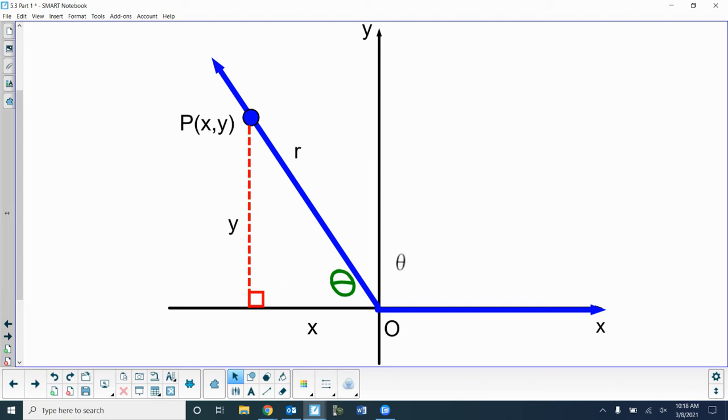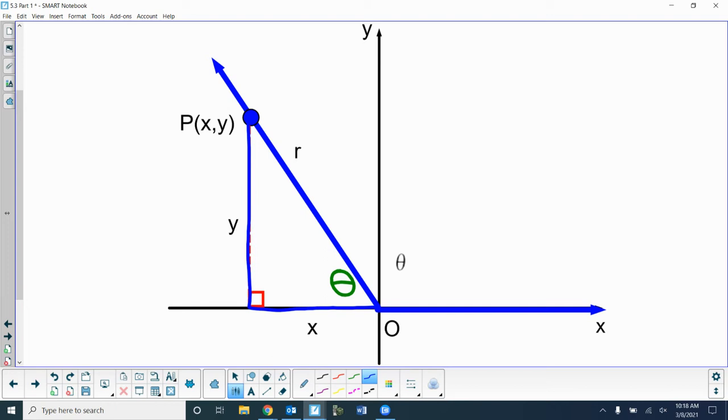And then we'll draw a line back to the origin. And that blue triangle there is our right triangle we're looking at. Here's theta. Theta will always be back by the origin, not up here by the point. Theta will always be down here inside our triangle. Okay, that's our point of reference.